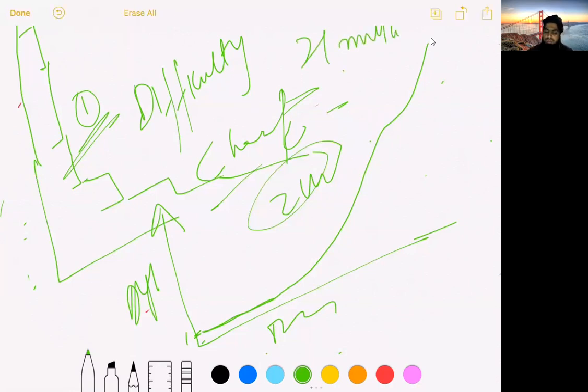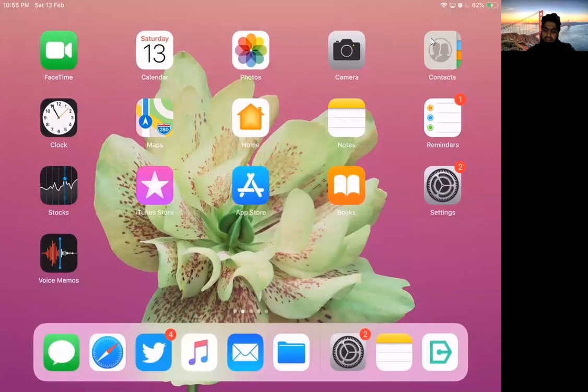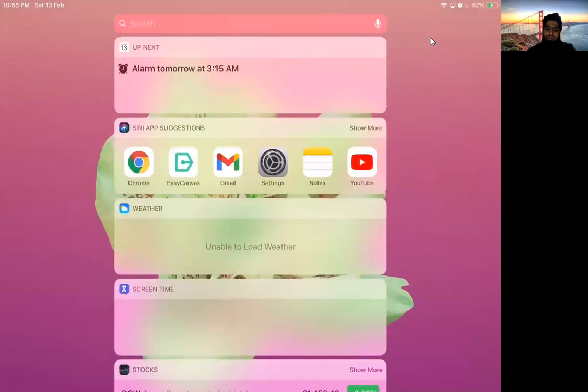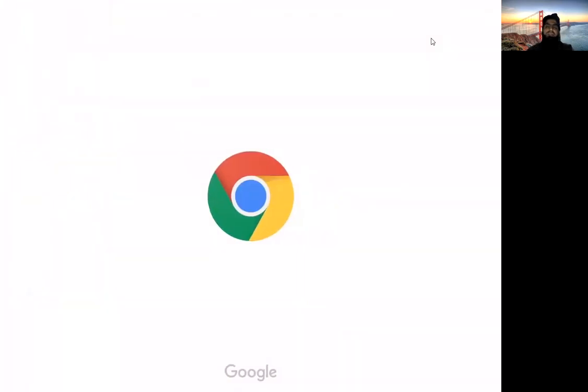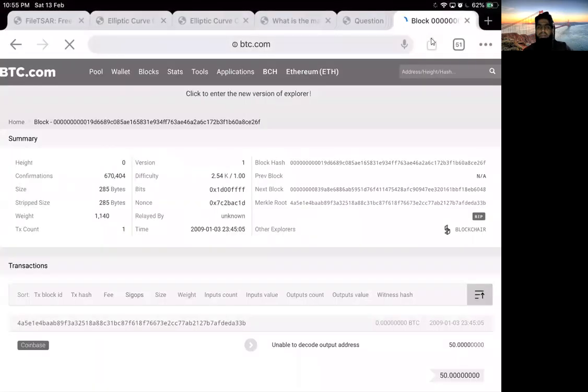So to check all these things, I will try to show you one Bitcoin Explorer so that these things will make sense to you and you will better understand this.